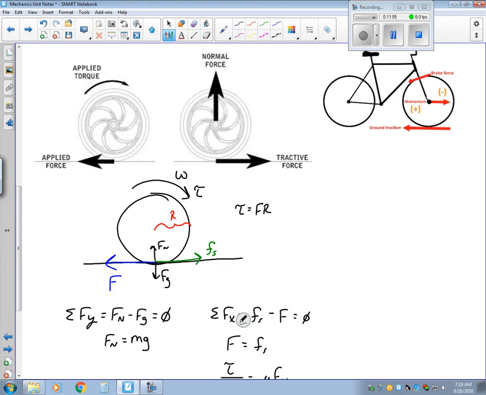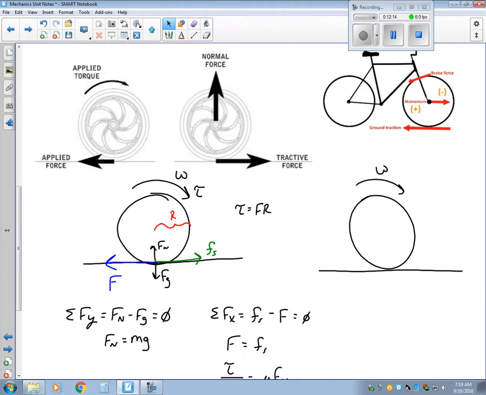For a non-powered wheel, it's a little different. So let's say the wheel is spinning in this direction, clockwise once again. There is no power being applied to this wheel, but friction opposes sliding. So this time, the friction force is in that direction.